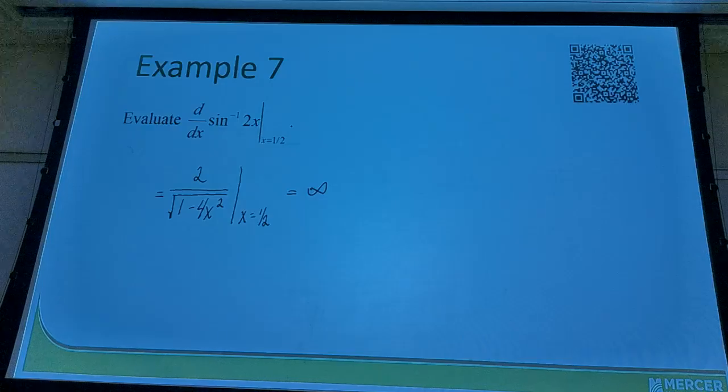If you graph it, is that at just the very edge of its domain? Yes. Yes, the domain's minus 1 to 1. Right, not 1/2, that's the very edge. So when I say domain, I mean the domain of just inverse sine of x, not 2x.